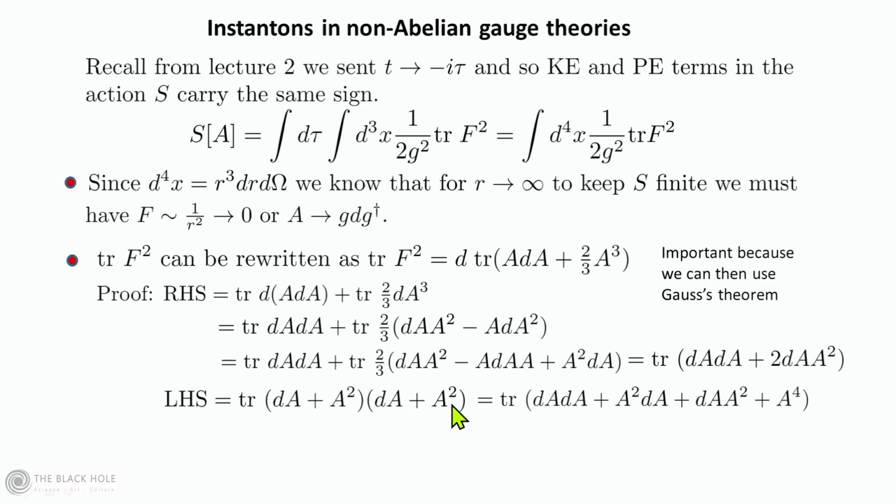Now, A to the 4th, I am multiplying 4 one forms together. Let me persuade you that the trace of that has to be 0. Why? Because I can write A to the 4th as A cubed into A. But I can use the trace property and write this as A into A cubed. So trace of A to the 4th is equal to minus trace of A to the 4th, which means that the trace of A to the 4th is equal to 0.